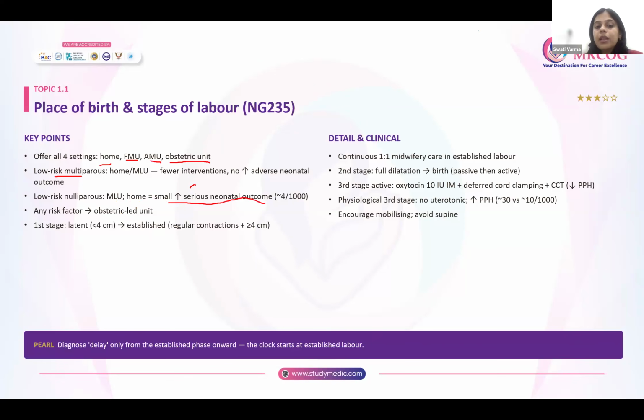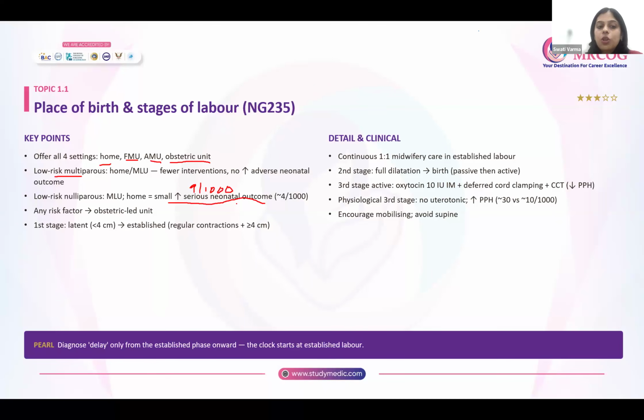For example, 9 per 1,000. If they birth in a midwifery-led unit or obstetric unit, then the rate of adverse outcomes will be less. But if they birth at home, then the rate of adverse neonatal outcomes increases to 9 per 1,000. That is, there is a difference of about 4 between the consultant-led, that is obstetric unit, and home.